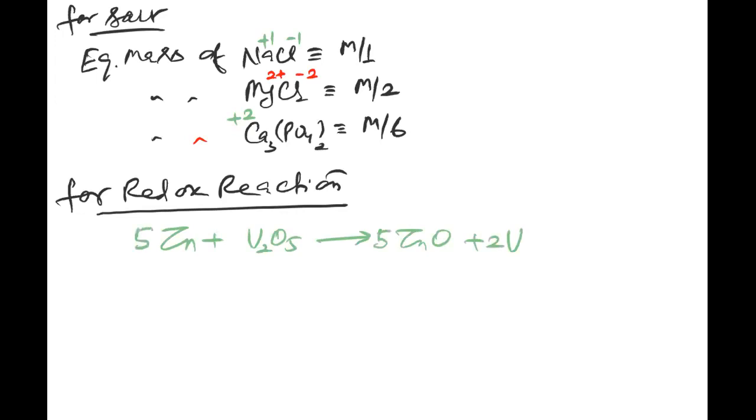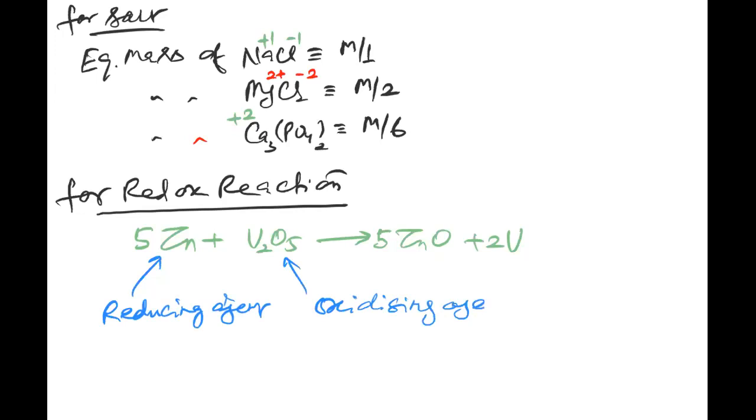Now, as far as zinc is concerned, zinc is the reducing agent here, and V2O5 is the oxidizing agent. Zinc has 0 oxidation number and it is +2 oxidation number. Vanadium is found to be +5 and 0 oxidation number here.